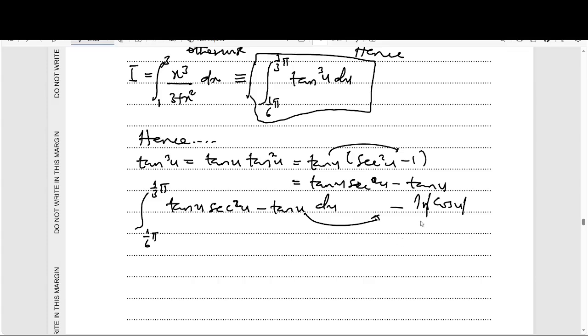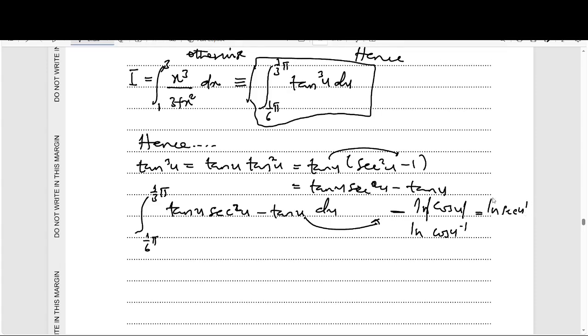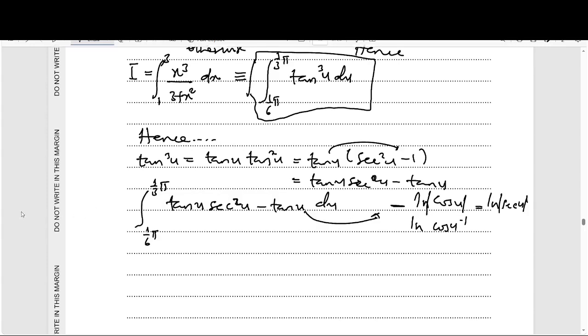Or, by the law of logs, you can write this as ln of cos u to the power negative 1, which is 1 over cos u, and that is sec. So this can be written as ln of sec u, right? Any which way you will still get the answer. So I'm going to use negative ln of cos u since I can use that on the calculator.